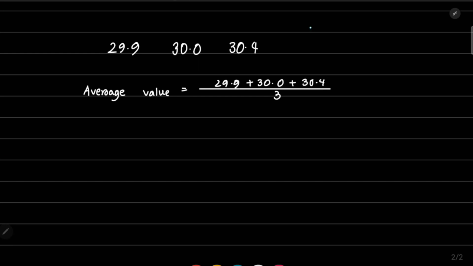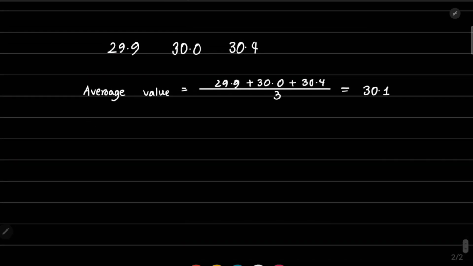Now in some cases we are also given anomalies, so we have 3 readings that are close together and another reading which is far away from them. So if I had 4 readings and one of them was 25, which is very different from the other values, this will be ignored as an anomaly. Over here, the average value comes out to be 30.1.